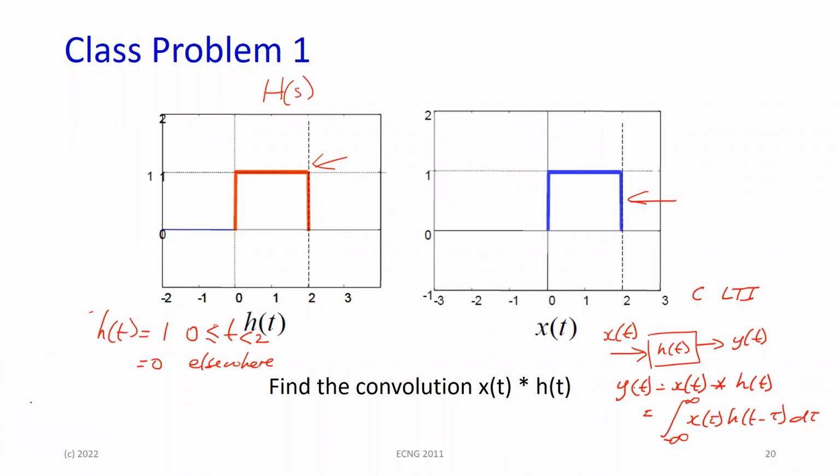All right. So we do a similar thing for x now. If you look at x, x(t) is equal to 1 for t less than 2 and greater than or equal to 0. And it's equal to 0 elsewhere. Right?